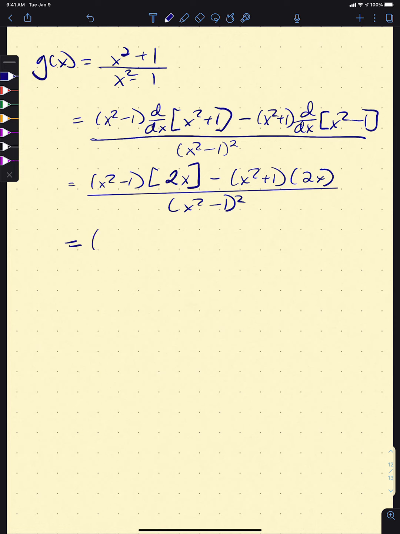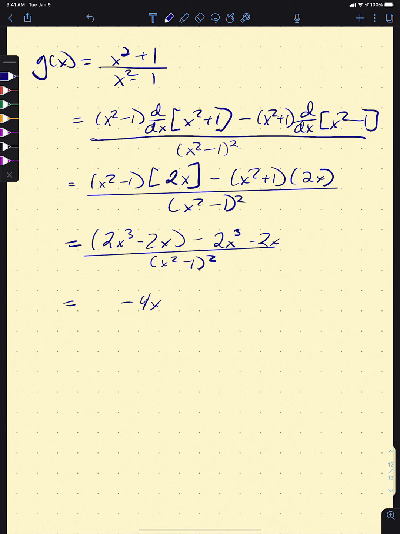Distributing in this 2x, looks like we're going to get 2x cubed minus 2x, minus, looks like 2x cubed again, minus 2x, right? All over x squared minus 1 squared. My 2x cubed and my minus 2x cubed are going to cancel. Looks like we're left with minus 4x over x squared minus 1 squared.